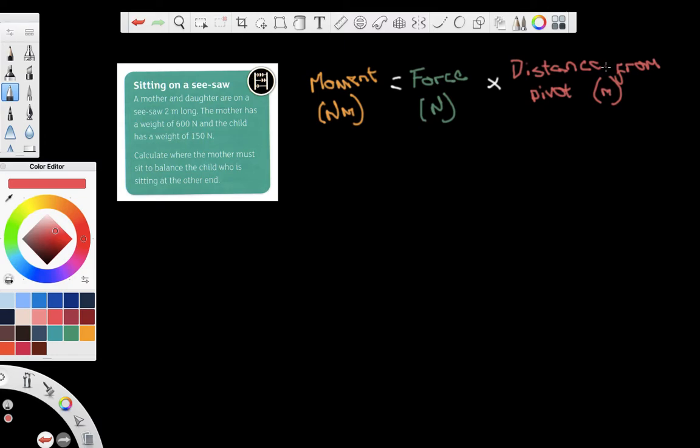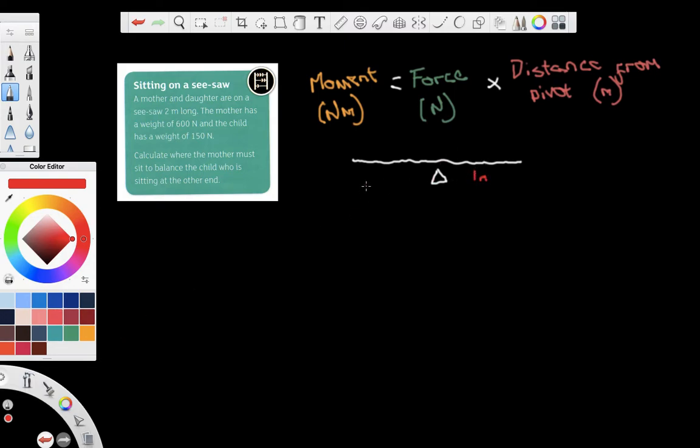All right then, year 8. So you should have done this question by now, or at least attempted it. We've got a seesaw that is 2 meters long. That means the seesaw must be 1 meter on one end and 1 meter on the other.